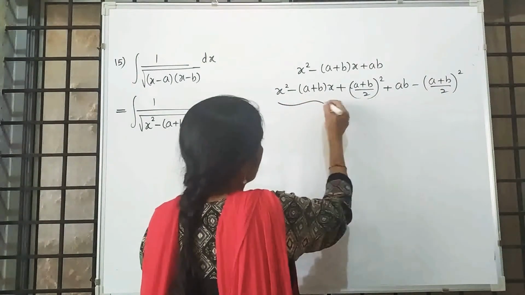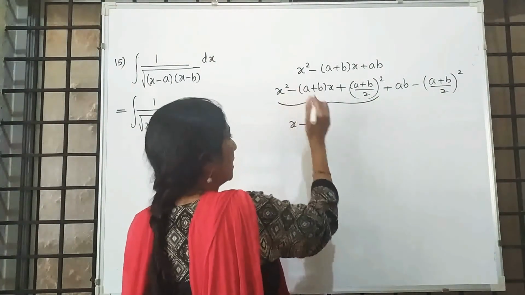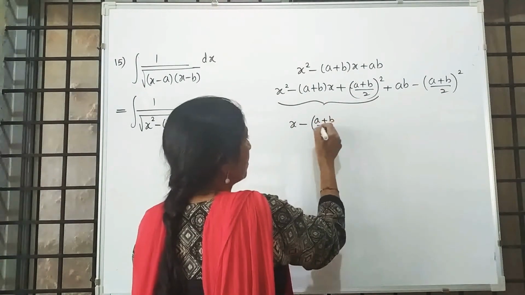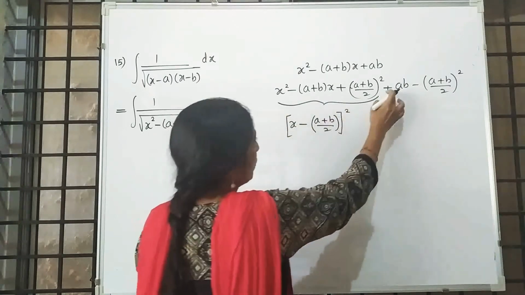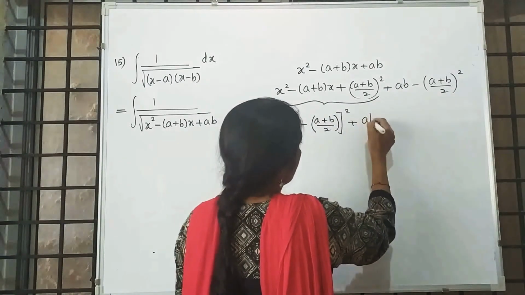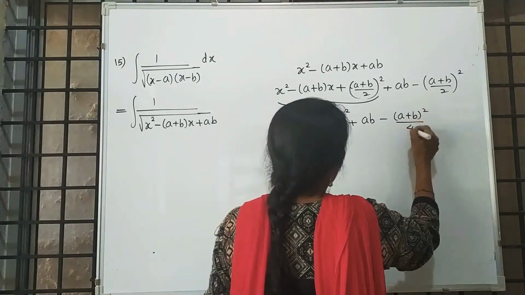Anyhow, these three give you the perfect square as x minus (a plus b) upon 2 whole square, and when you solve this, plus ab minus (a plus b) whole square upon 4.